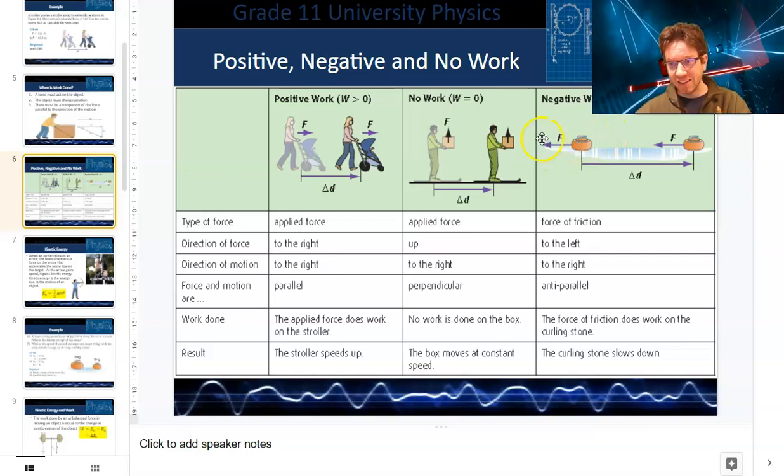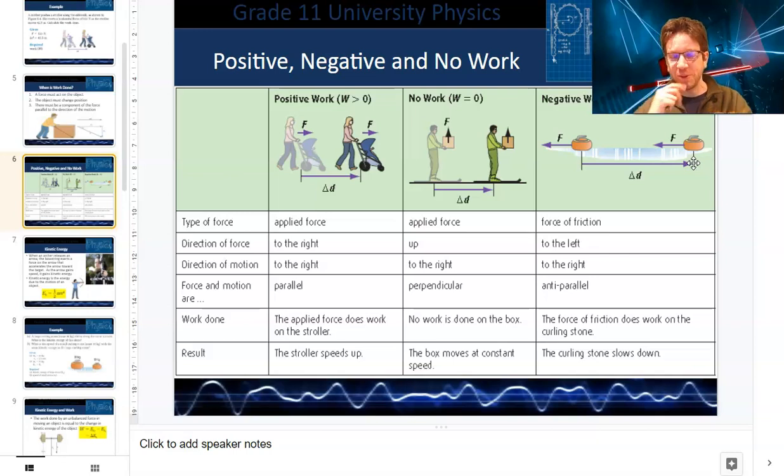And it has a frictional force backwards or opposite to the direction that it's moving in. So you can think of that as, well, the angle between frictional force and displacement would be 180 degrees. Cos of 180 is -1. So that gives us negative work.